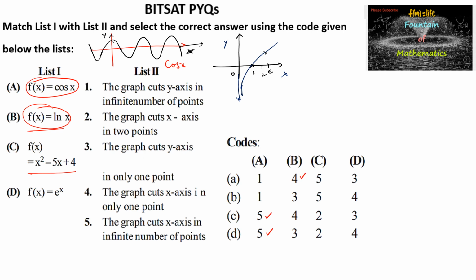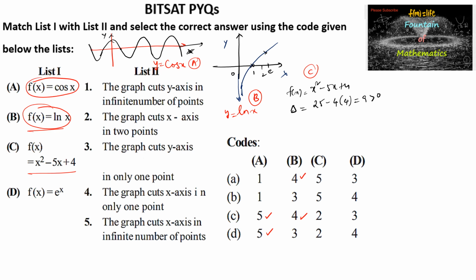So either this or this. And coming to the third, C, f of x is equal to x square minus 5x plus 4. If we see the discriminant, b square minus 4ac, 25 minus 4 into 4, that is 16. 25 minus 16 is 9, which is positive.